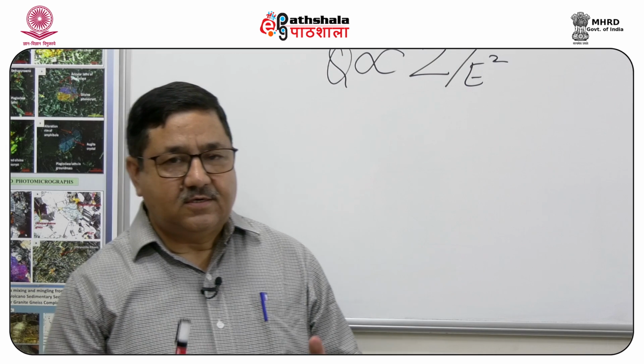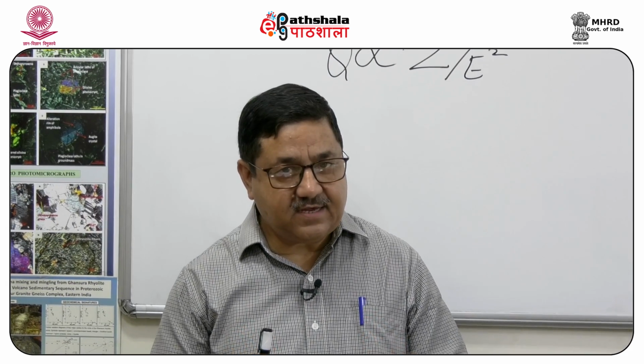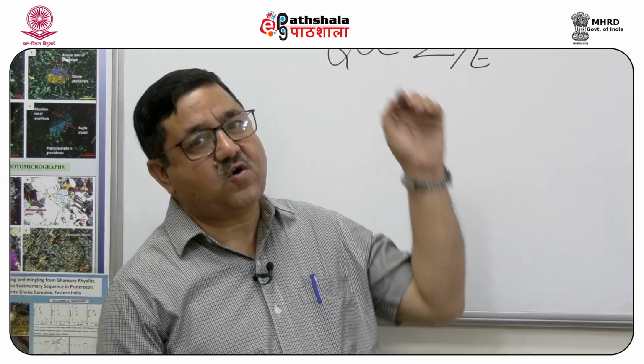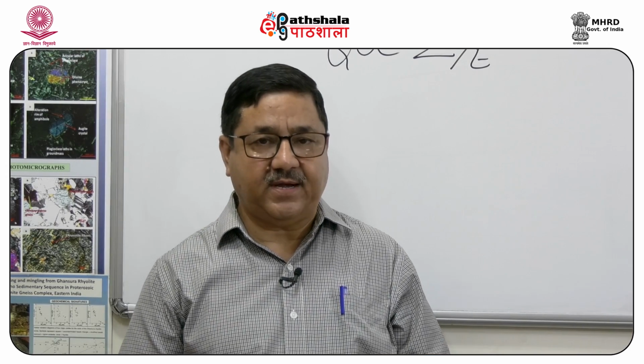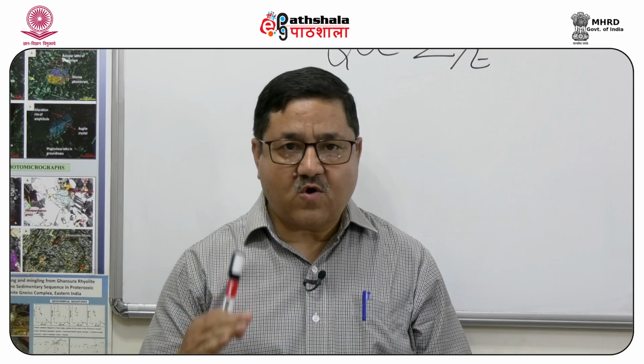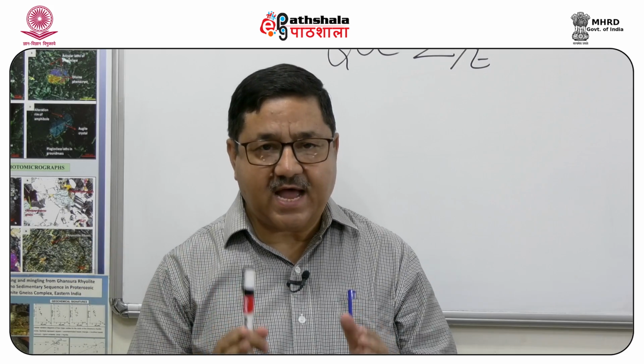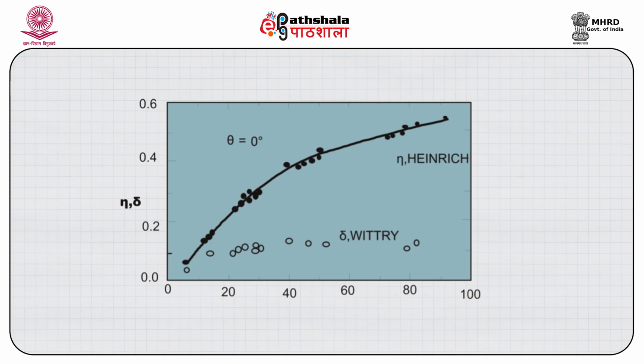Now, the elastic scattering will be higher for higher Z or higher atomic number elements, which means that if we have a recorder which can record the scattered electrons, then for higher atomic number it will record a higher number of electrons, and for lower atomic number a lower number of electrons.